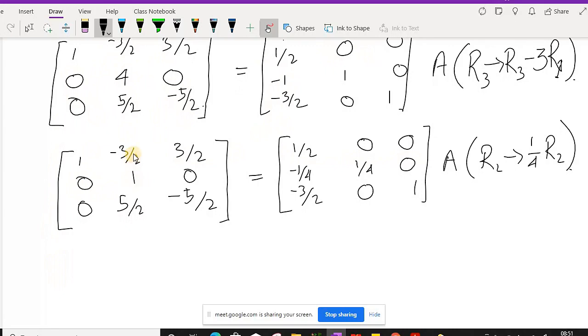So we have to use this one and make this one 0 first. The aim is to make this one 0. So let's do it like this. R1 I have to change, and R2 I will keep as it is.